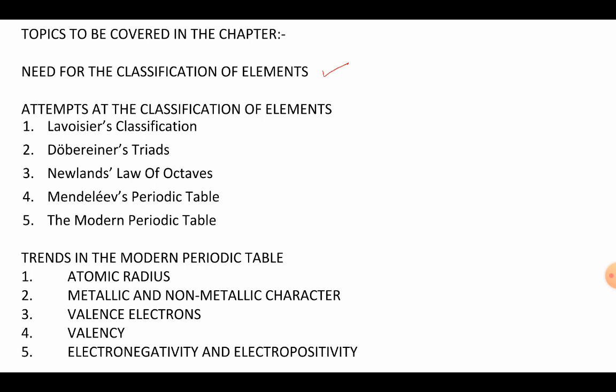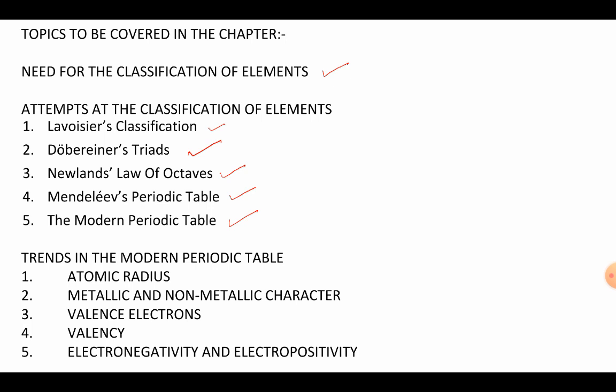In total, there were 5 attempts made to classify the elements, that is, to give them a particular position in a periodic table, so that it becomes very easy to understand the properties. The very first is Lavoisier's classification, after that Dobereiner tried, then Newlands' law of octaves, then comes Mendeleev's periodic table, very important, and the modern periodic table, the table that we are using at present.